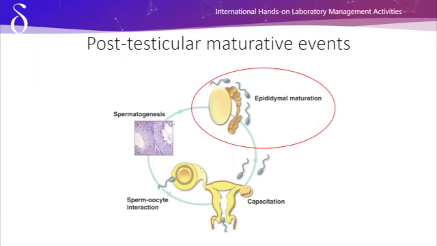The first maturative event occurs in the epididymis and is known as epididymal maturation. And the second event occurs within the female genital tract and is known as capacitation, during which spermatozoa completely achieve the ability to fertilize an oocyte.